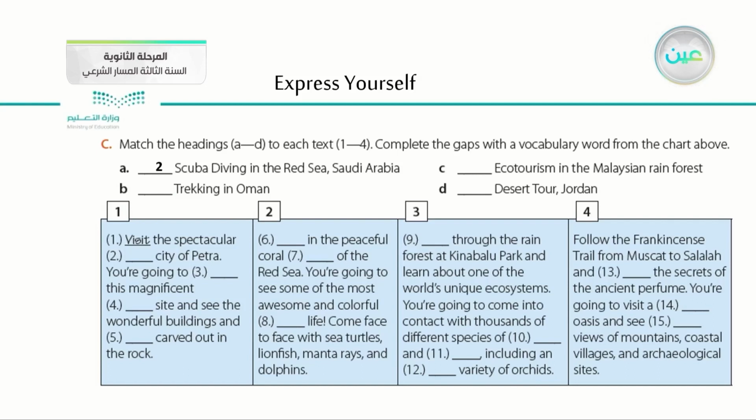So scuba diving in the Red Sea, Saudi Arabia, is related to 2. Trekking in Oman is related to 4. And ecotourism in the Malaysian rainforest is related to 3. And desert tour in Jordan is related to 1.